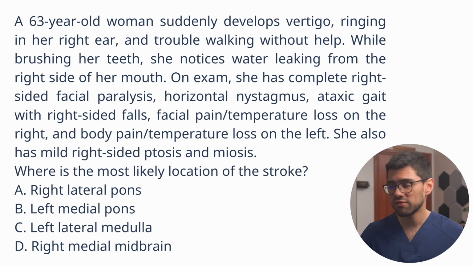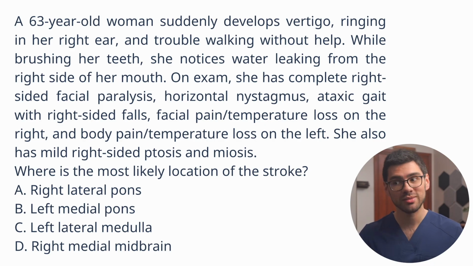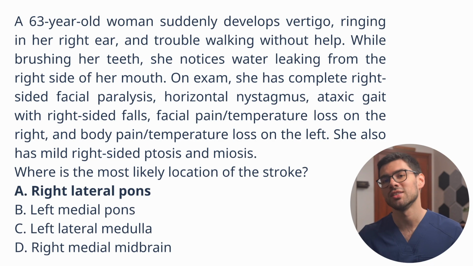How do we know that? Well, first we have facial palsy, which suggests a cranial nerve 7 involvement. And we also have vestibular and cochlear signs. The vestibular signs are vertigo and nystagmus, and the cochlear signs are hearing loss. So all of that suggests 7 and 8 involvement. And where are the cranial nerve 7 and 8 located? Well, in the pons. That means we're dealing with a lateral pontine syndrome.